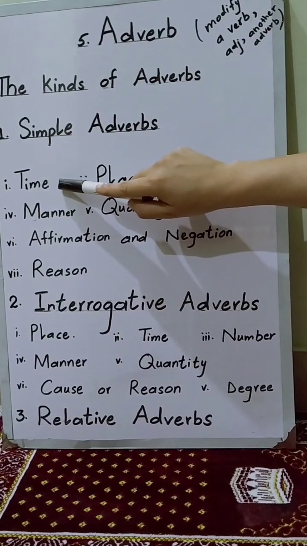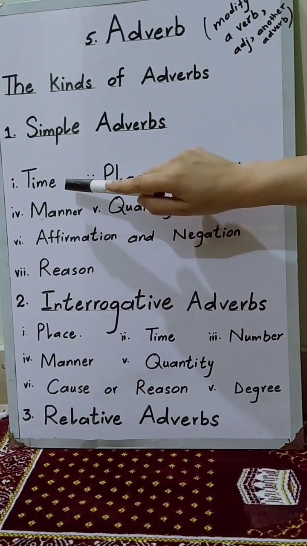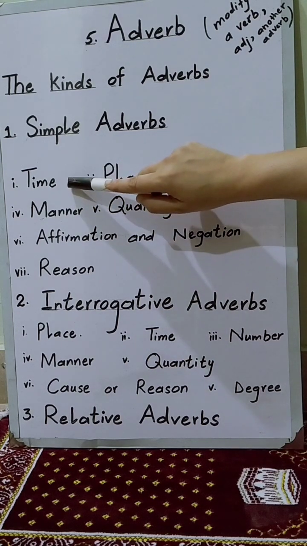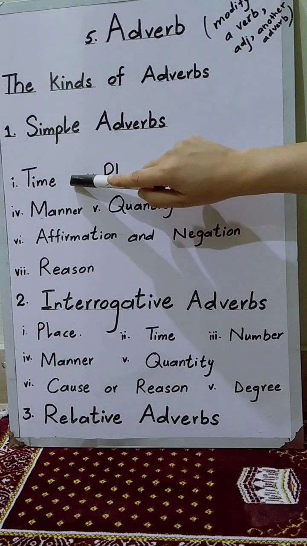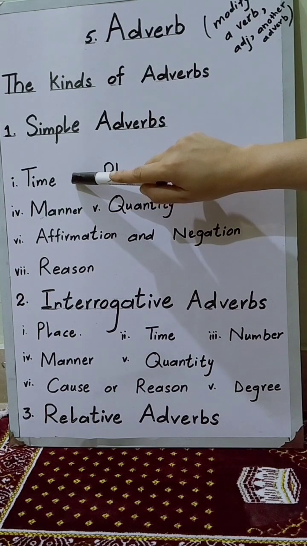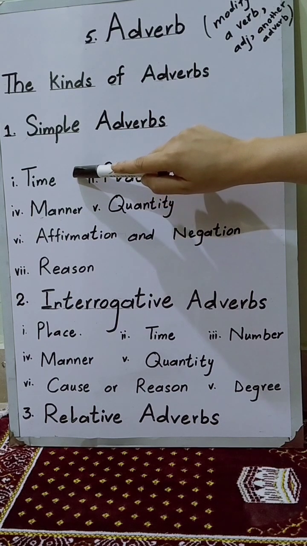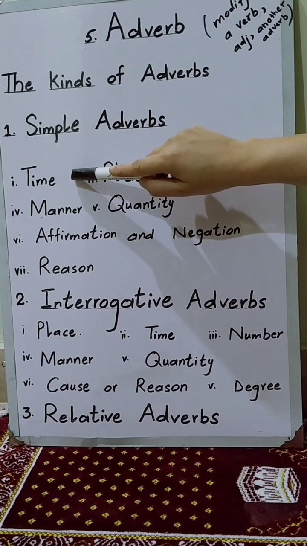Adverb of time. For example, I am ill today. In this example, today is an adverb of time. The main adverbs of this class are now, then, before, since, ago, already, soon, presently, immediately, instantly, early, late, afterwards, today, yesterday, tomorrow.